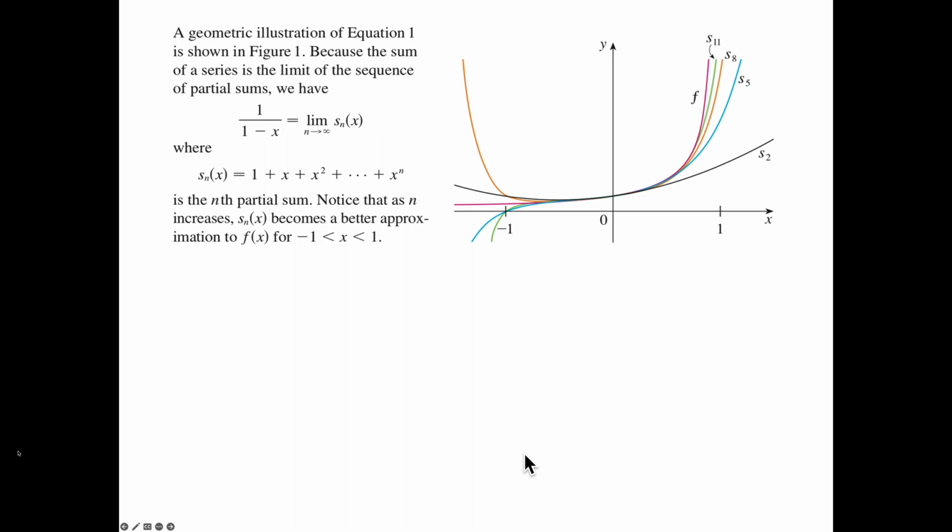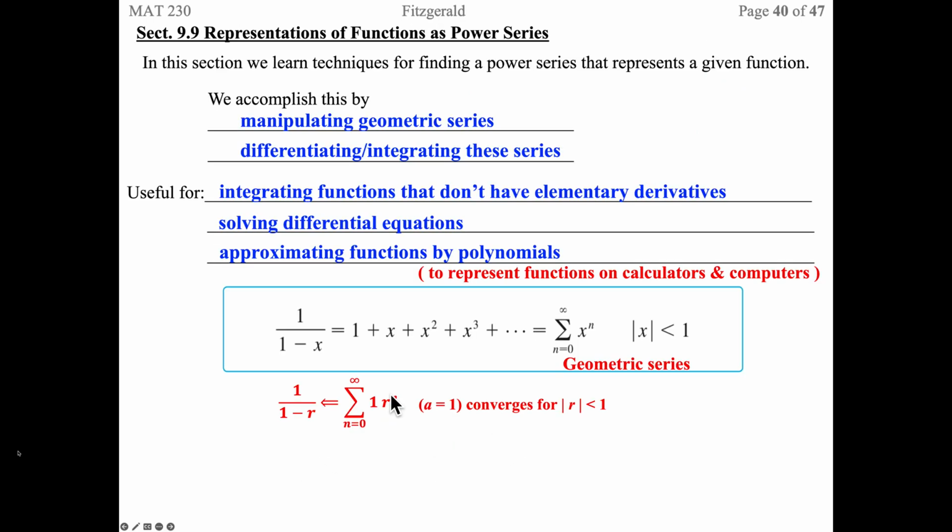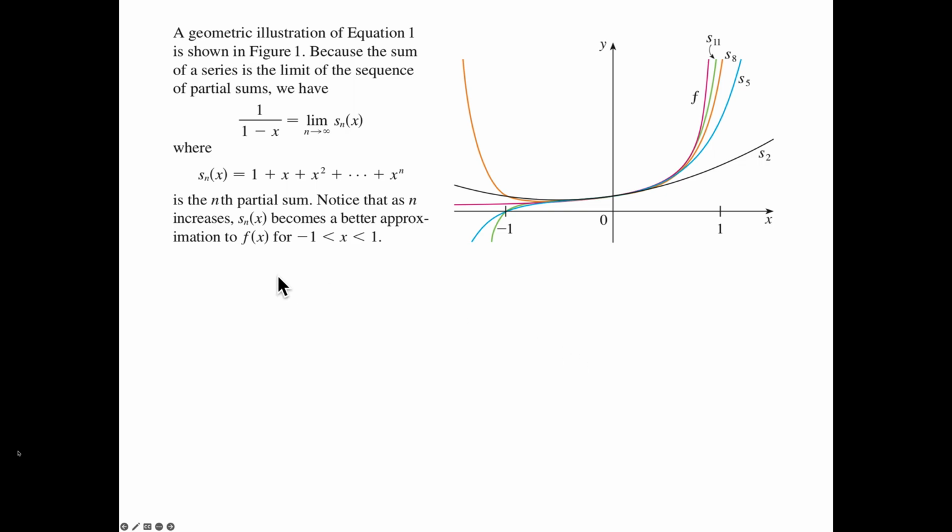All right, so what's actually taking place? Well, a geometric illustration for our equation: it's going to converge between -1 and 1 because it is a geometric series.